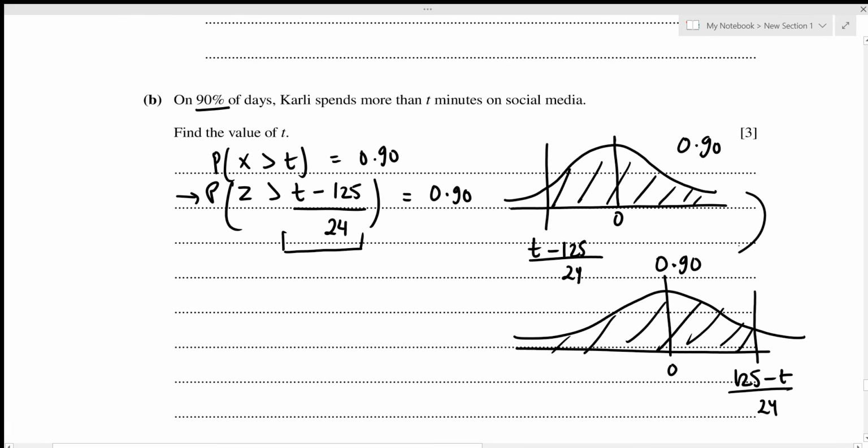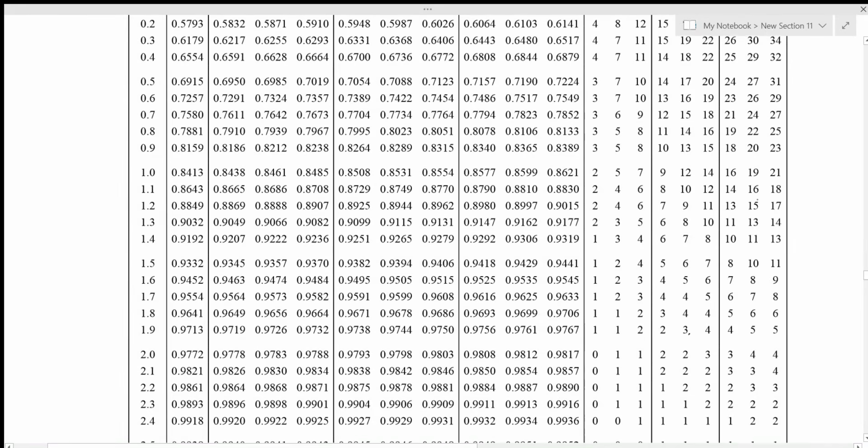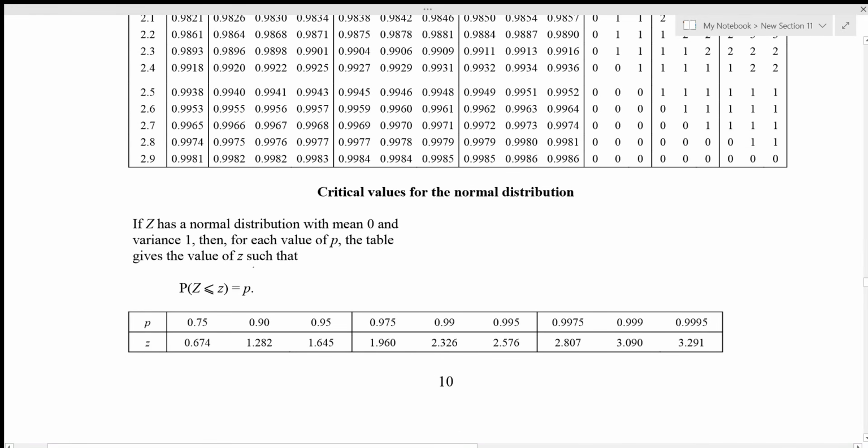So we just used the symmetry property and flipped the probability distribution diagram. So we'll have to look for the probability of 0.90 and figure out the corresponding z value from the normal distribution table. 0.90 is a standard value which is given in the smaller table at the end of this normal distribution table. So that's right here, probability. And the corresponding z value is going to be 1.282.